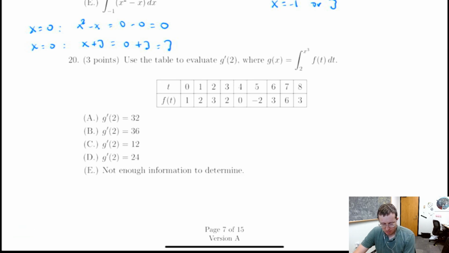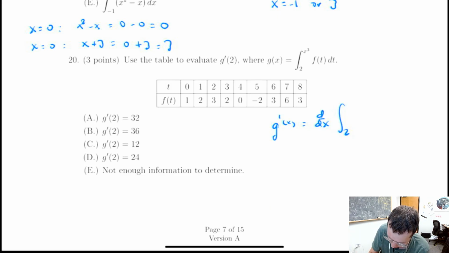Okay, we're going to evaluate g prime of 2. If this is g of x, then g prime of x is the derivative of that integral. This is exactly the situation that the fundamental theorem of calculus part 1 tells us about.